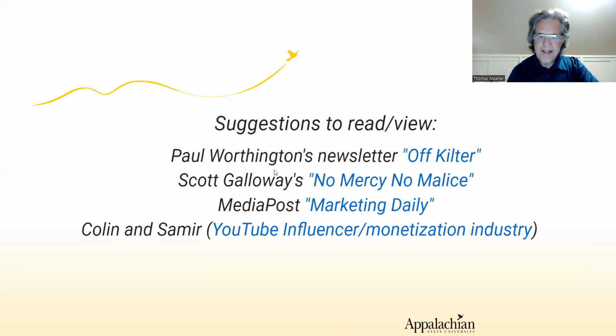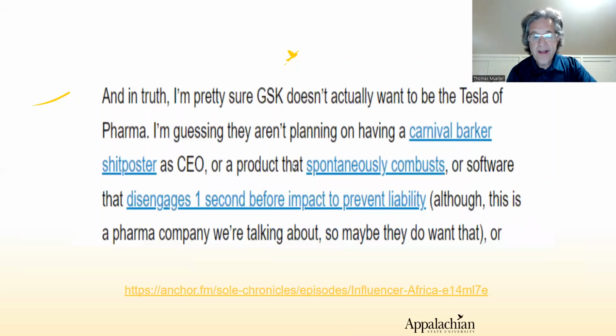In that, I did use Paul Worthington as an example of tone. Paul has been a good friend to us. Paul has helped students at our university. I highly respect Paul. I just used an example of something he recently did in his newsletter regarding Elon Musk.